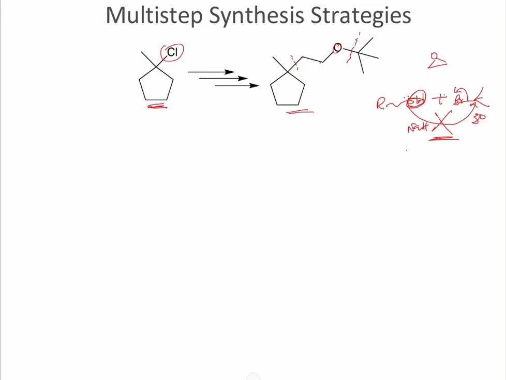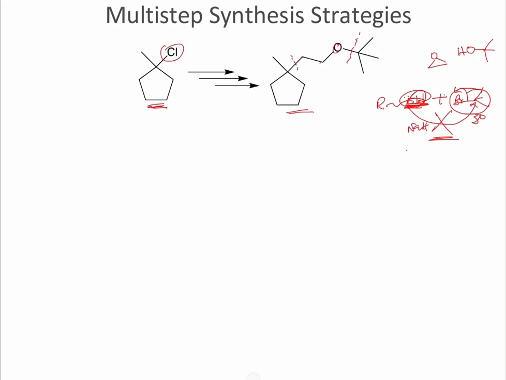So we could transform it into like a bromine group if we use phosphorus tribromide, and then instead of using the alkyl halide here, we can transform that into a tert-butanol. That way, we are going to be doing an SN2 on a primary carbon.